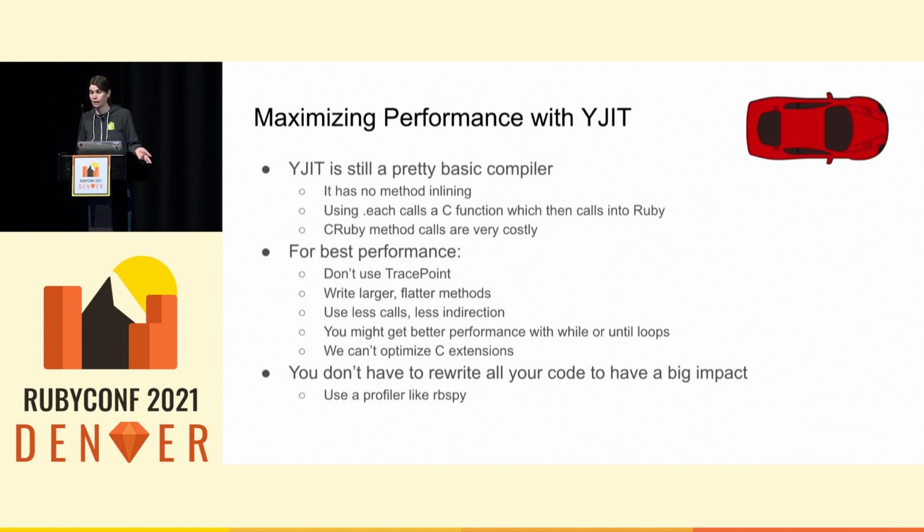What you might find in practice is that your code behaves based on the Pareto principle, where 10% of your code does 90% of the work, or 5% of your code does 95% of the work. So you could use a profiler like rbspy to find out which functions run the most in your software, and you can make some small adjustments to these functions, a little bit of trial and error, and actually get a big performance difference.